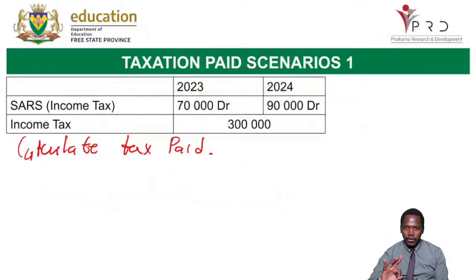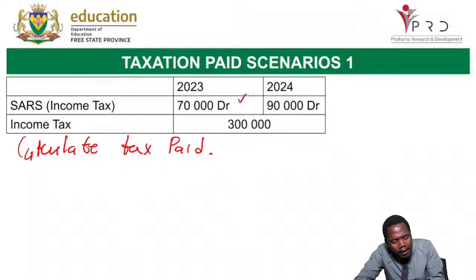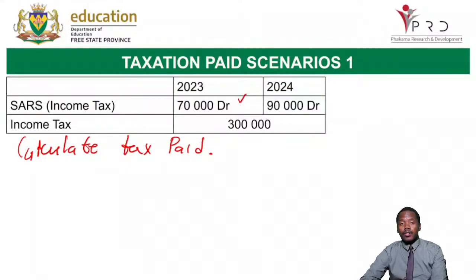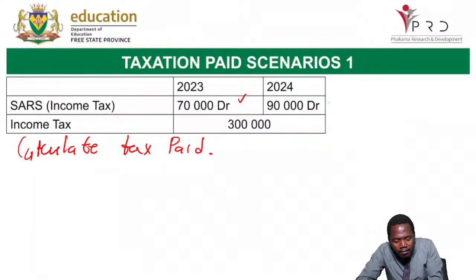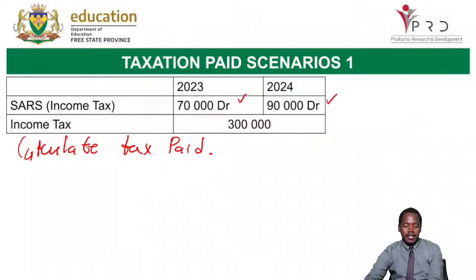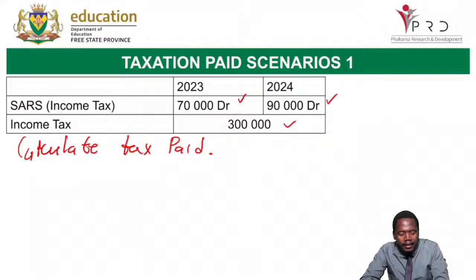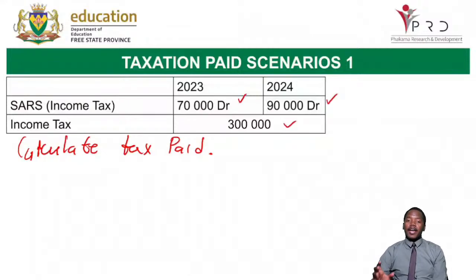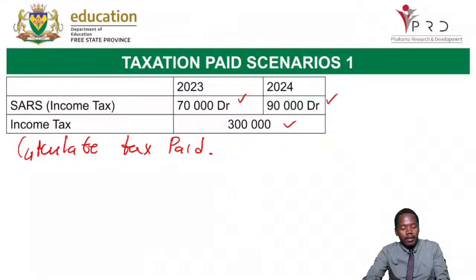What are the three things you need to calculate tax paid? Number one, I need my opening balance for SARS, it's there. I have my checklist. I need my closing balance for SARS, it's there. And I need my income tax. So we can do it in two ways. We can use a T account or a straight line method.